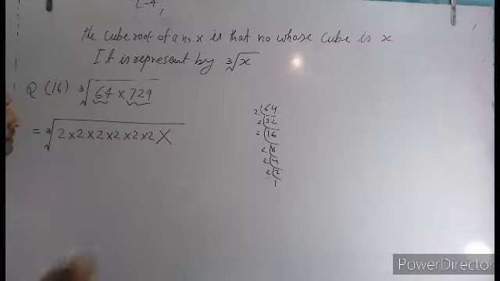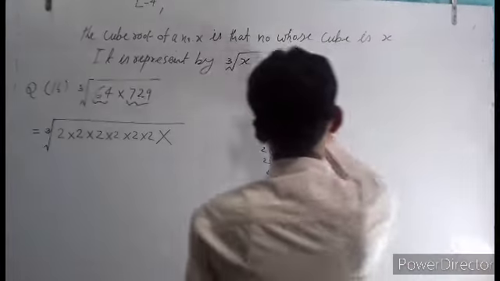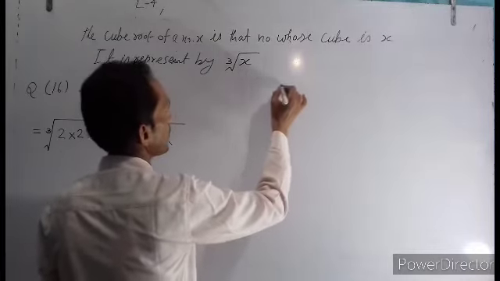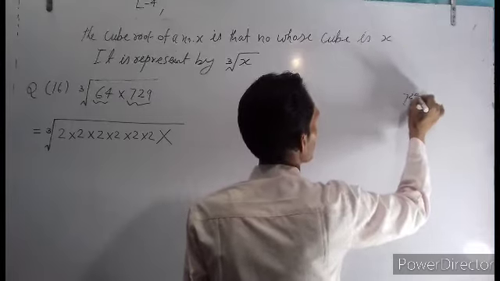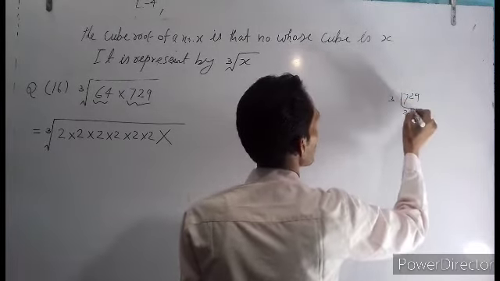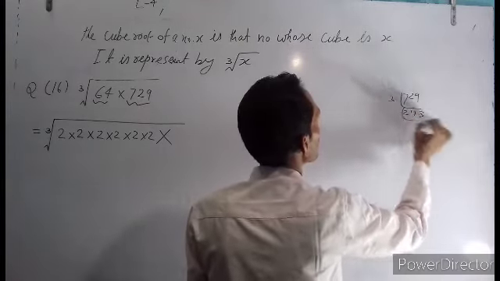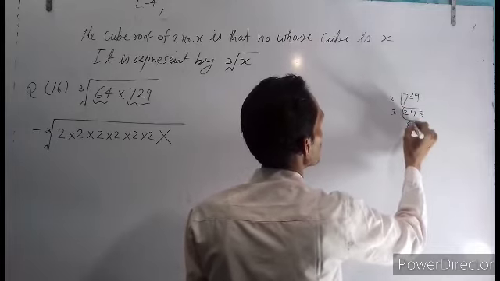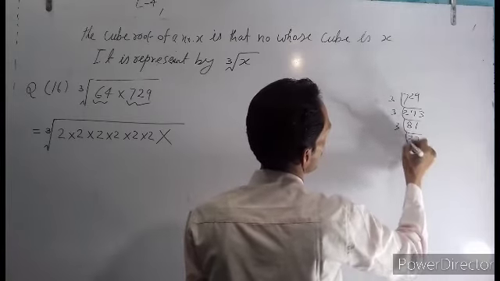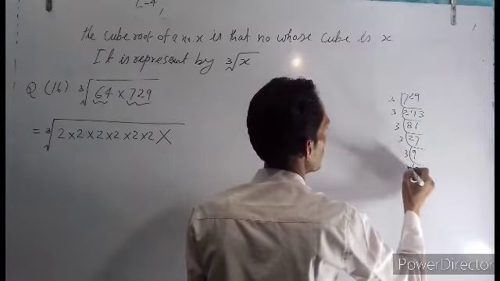Now the next number, 729. What is the prime factorization of 729? 3 2s are 6, 3 4s are 12, 3 3s are 9, 3 8s are 24, 3 1 is 3, 3 9s are 27, 3 3s are 9, and 3 1s are 3.